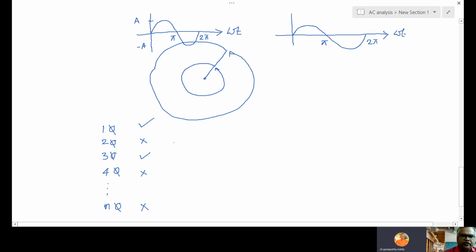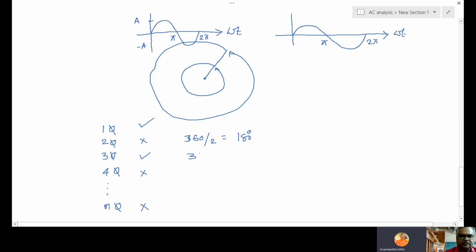If you go for two phase, it is 360 by 2, equal to 180 degrees. So one phase rotates 180, the other phase rotates another 180, and the rotation will not be smooth. Because the rotation is not smooth, we don't prefer two phase. To improve the smoothness, we go for three phase.